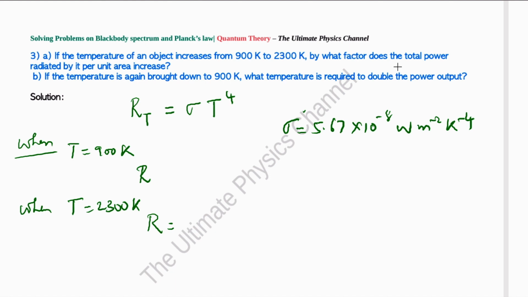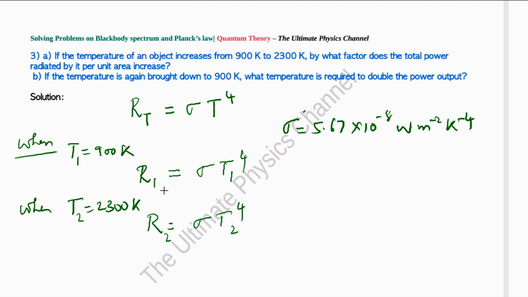Now by what factor does the total power radiated per unit area increase because of this temperature change? That can be simply calculated. Let me call this temperature T1 and this temperature T2. So sigma T1 power 4, sigma T2 power 4. The power will accordingly change from R1 to R2 because of the temperature changes.